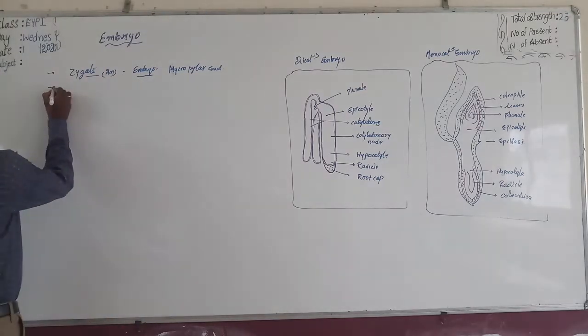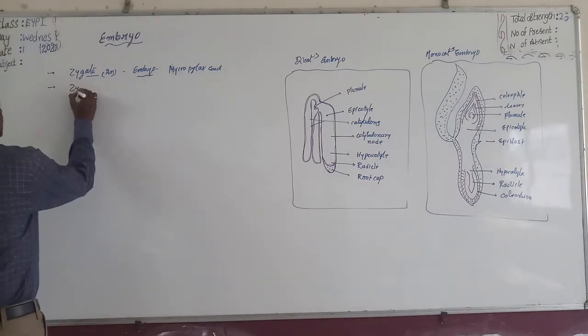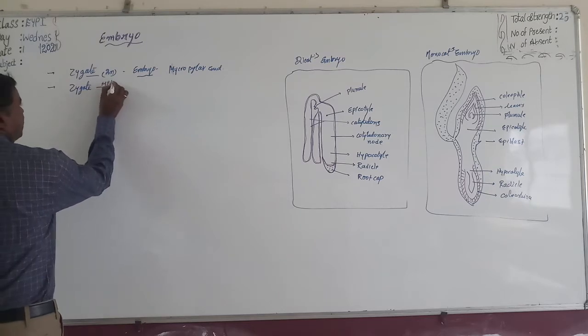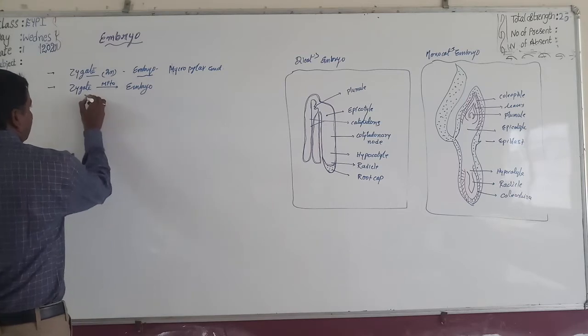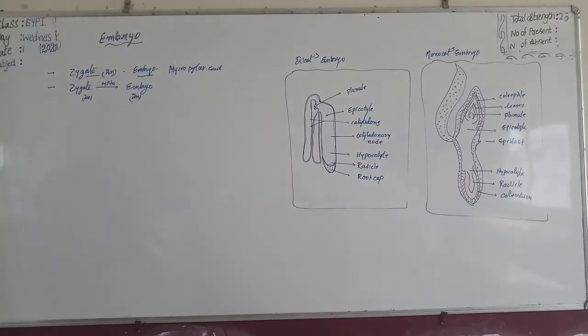Once the zygote is formed as a result of fertilization, it undergoes mitosis, leading to the formation of the embryo. The zygote is 2N, so the embryo is also 2N.